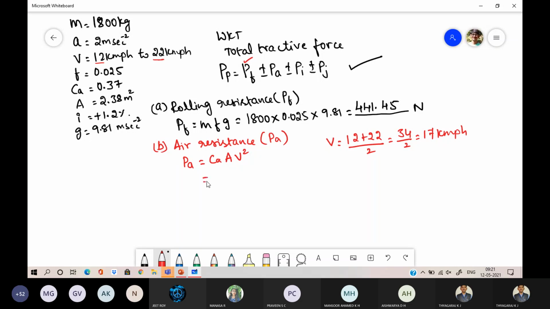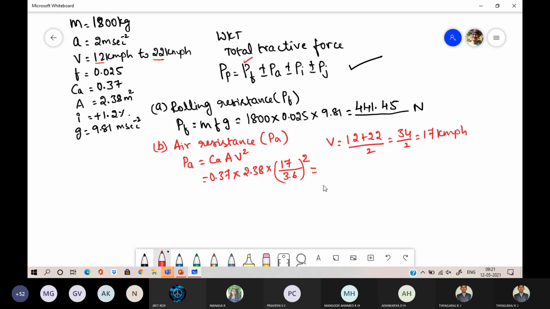Now, what is C? We already know it is 0.37. What is A? It is 2.38. What is V? 17 kmph. It should be represented in terms of meter per second. That's why I am dividing it by 3.6, or you can multiply by 5 by 18. So whole square.